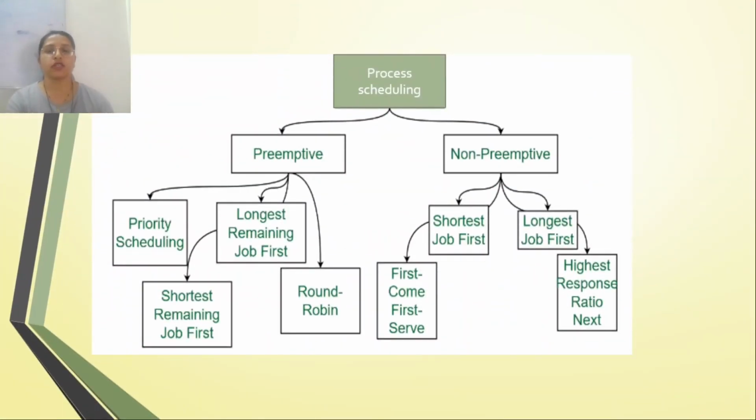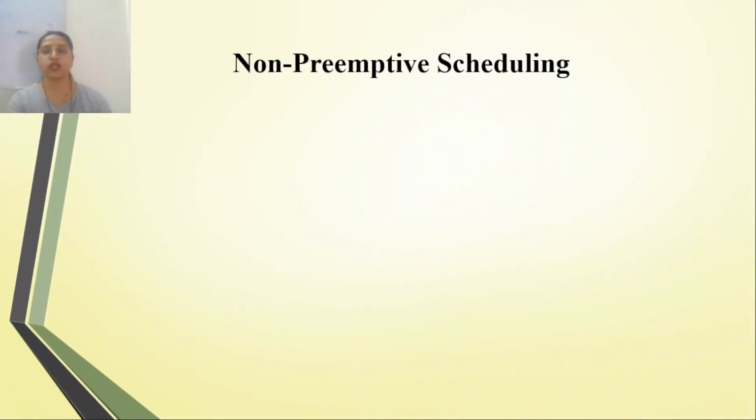Process scheduling algorithms can be of two types, preemptive and non-preemptive, and in each there are various types of scheduling algorithms. What do you understand by preemptive? What do you understand by non-preemptive?